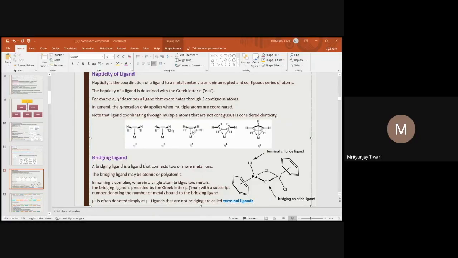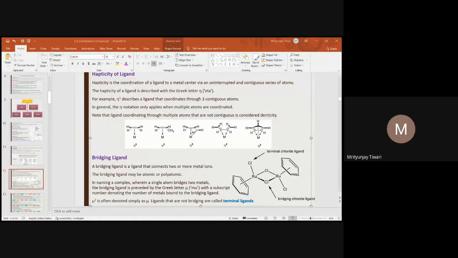The trigonal bipyramidal and square pyramidal, we have also seen examples in the case of other inorganic compounds, like PCl5. PCl5, phosphorus pentachloride, also has this same trigonal bipyramidal shape.